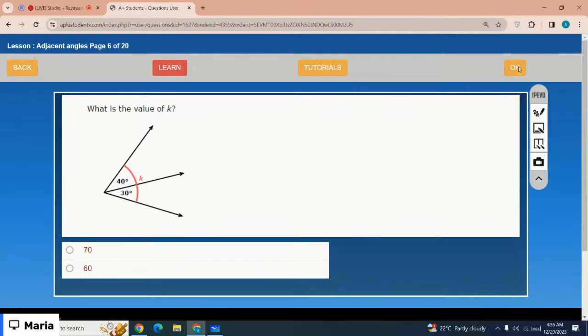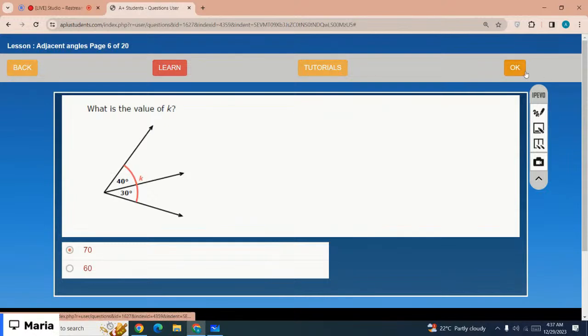What is the value of k, which is the correct option? The correct option is very good. 70 degrees.